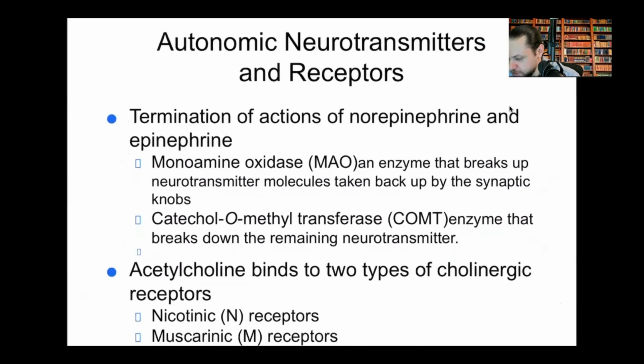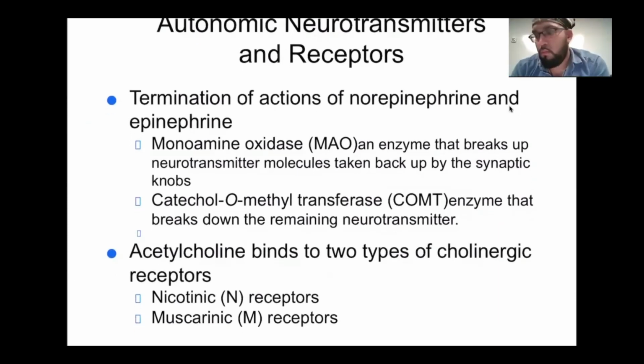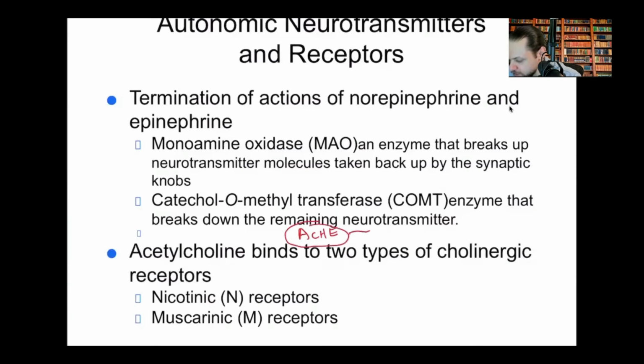Now, we learned in the muscle lecture that acetylcholinesterase was the enzyme. Remember I said this enzyme was chopping up acetylcholine. But now, what chops up norepinephrine and epinephrine? They call it catechol-O-methyltransferase, the enzyme that breaks down the remaining neurotransmitter that's left in the synaptic cleft.